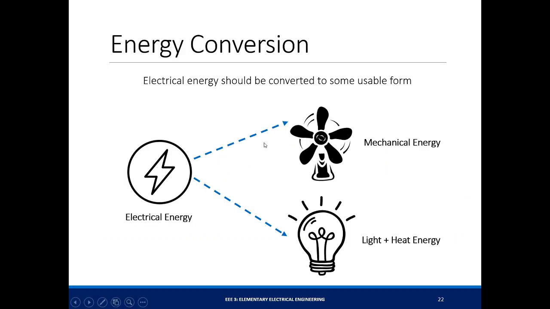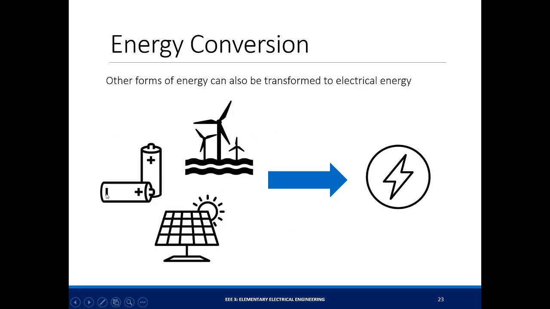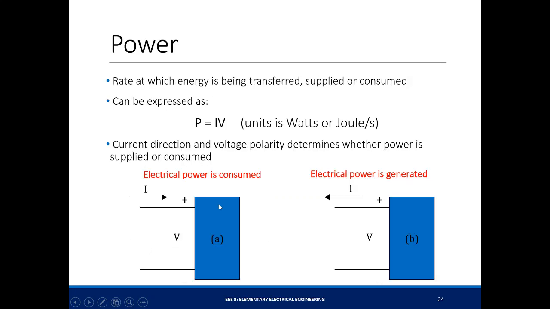So energy conversion now: your electrical energy can be transformed into other useful energy, for example mechanical energy for cooling, or heat energy and light for our dark nights. Or we can actually have other forms of energy converted to electrical energy to be transferred to our homes. So it could be your chemical energy, mechanical energy, or solar energy.